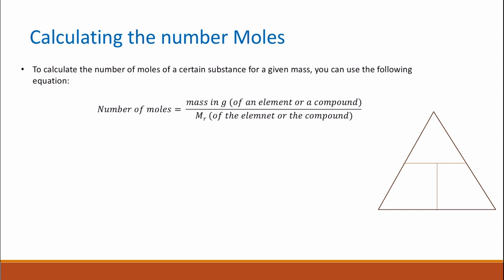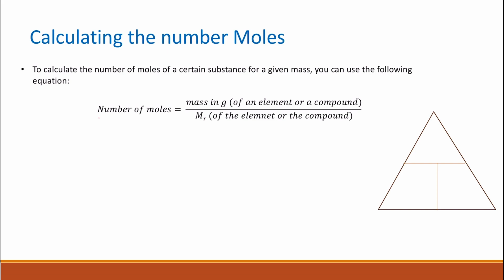Sometimes we need to calculate the number of moles of a certain substance, and you are usually given the mass of the substance and asked to calculate the moles, or you could be given the number of moles and asked to calculate the mass. In order to do this, we have this triangular formula.